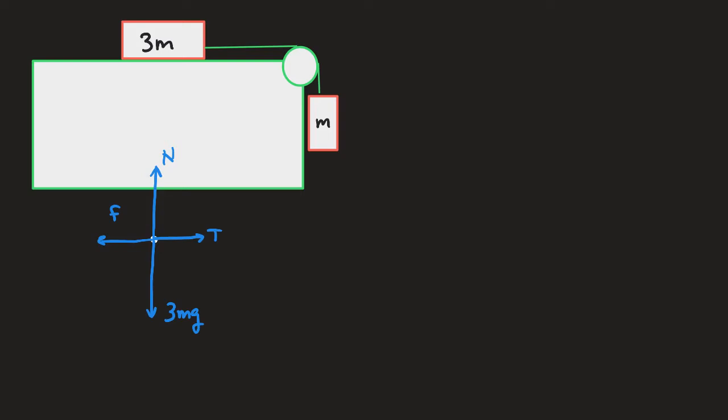Now, I can continue. Because net force equals 0, I can say net force in the x direction equals 0 and net force in the y direction equals 0. This is not particularly interesting, but if I'm going to make a coordinate system, x and y look good for you guys.